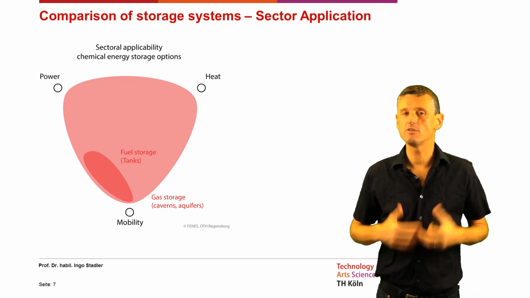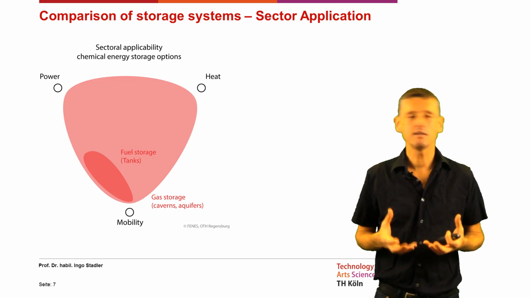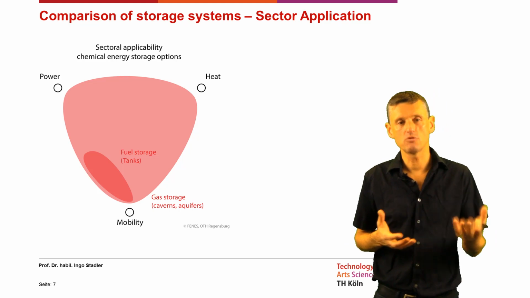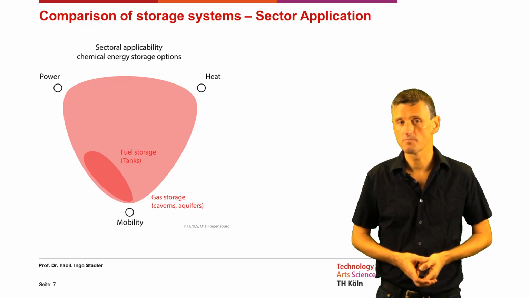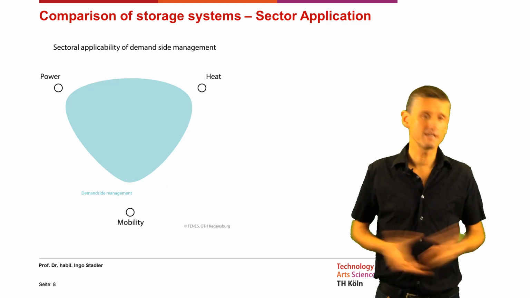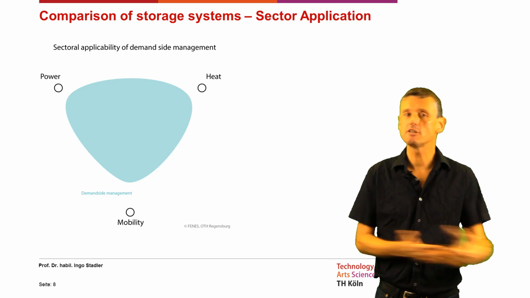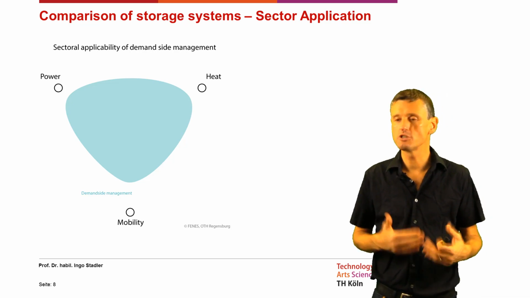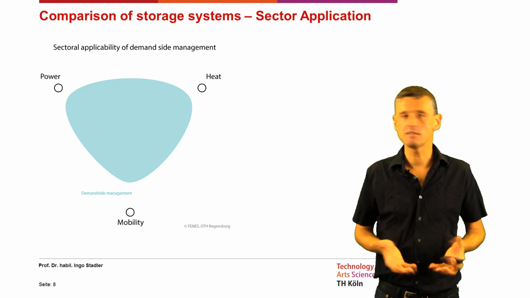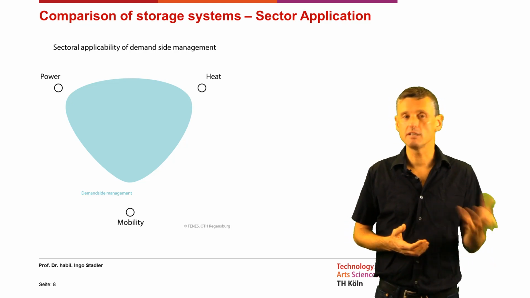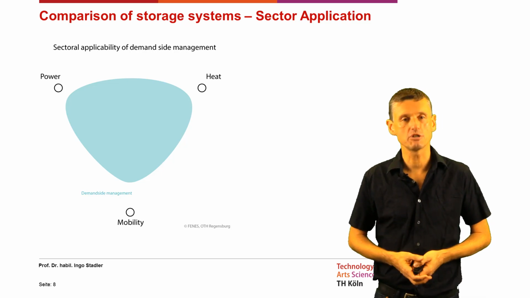But when thinking of power to gas, power to liquid, then they involve all the sectors, power, heat and mobility, where they have their strengths. And then quite often neglected, but with the same task as energy storage, is just shifting loads or demand side management. Demand side management can be done in the power sector, in the heating sector and also in the transportation sector.